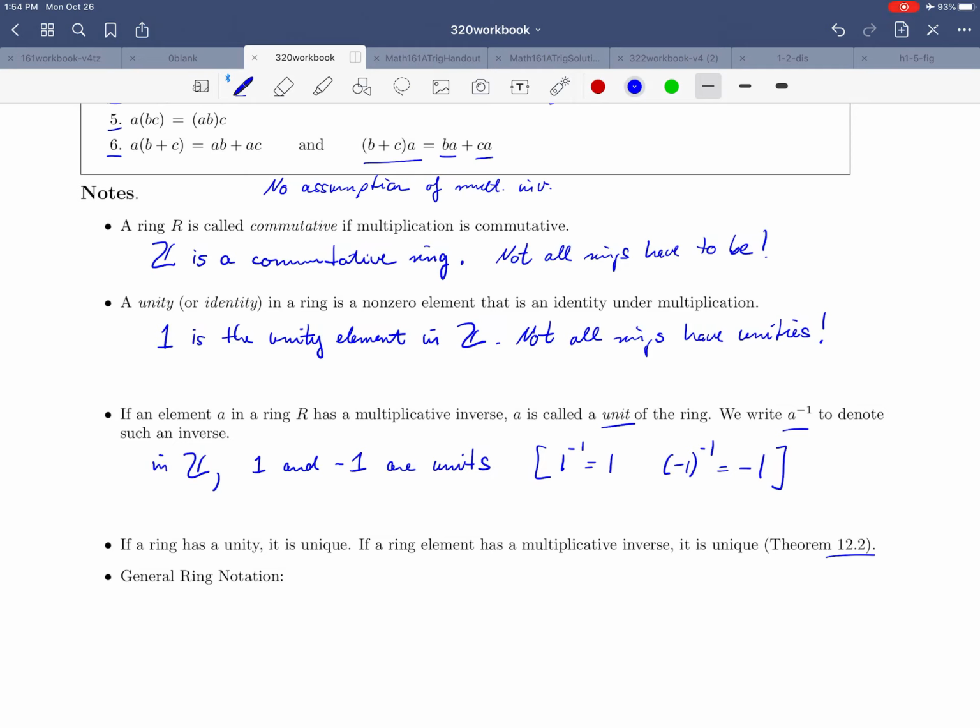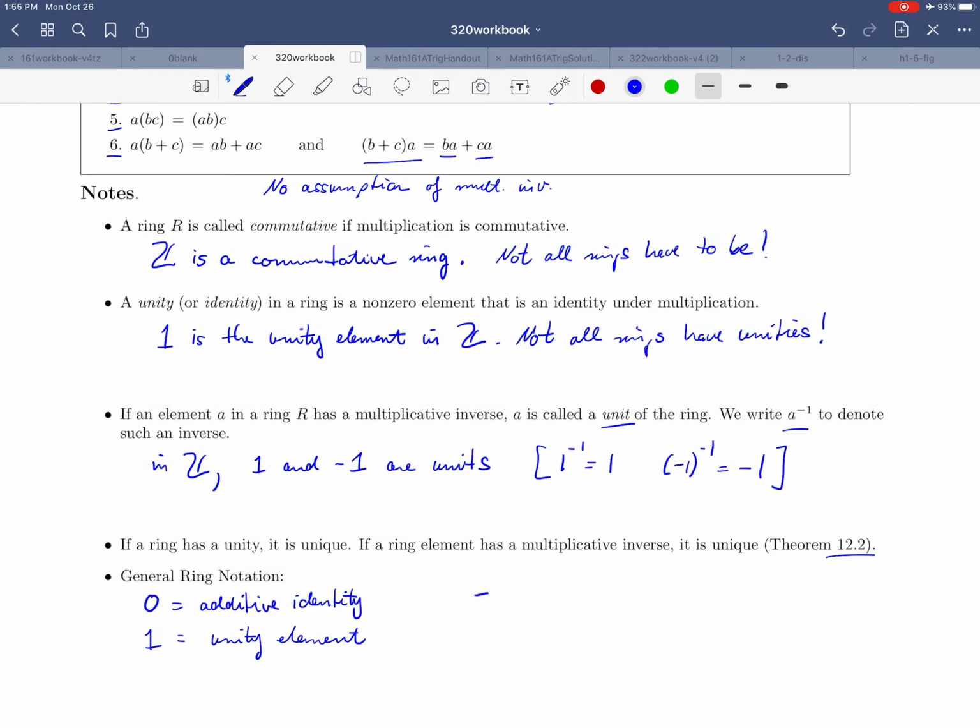And then just one note about general ring notation. We are going to use 0 to denote our additive identity, and we're using 1 for our unity element, even if we are in rings that don't have integers or real numbers or rational numbers as entries. So even if we are looking at a ring of matrices or a ring of polynomials, we are still going to use 0 to denote our additive identity and 1 as our unity element.